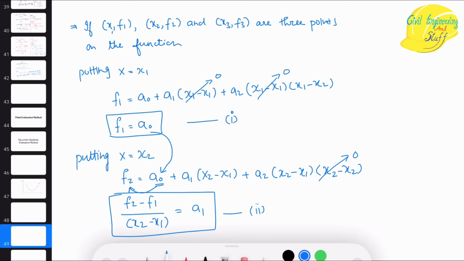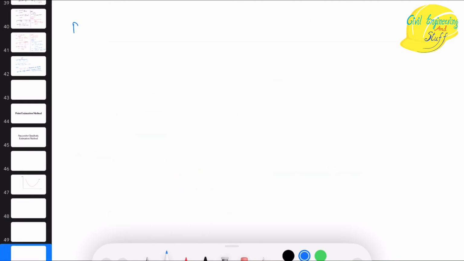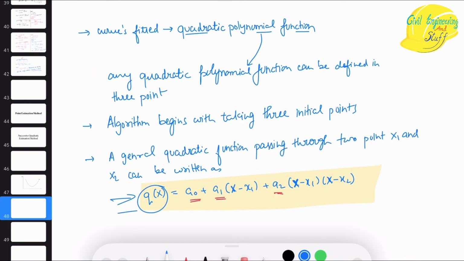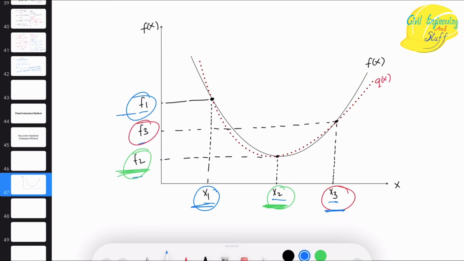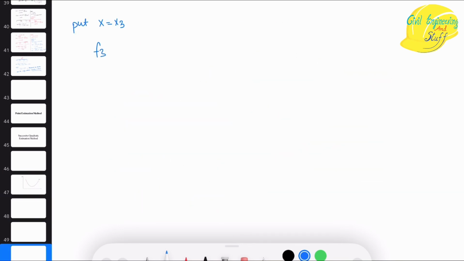Okay, now we will find out, we will put x equal to x3. So in this case the function will become f3. Okay, so your f3 will be equal to a0 plus a1 (x3 minus x1) plus a2 (x3 minus x1)(x3 minus x2), right?